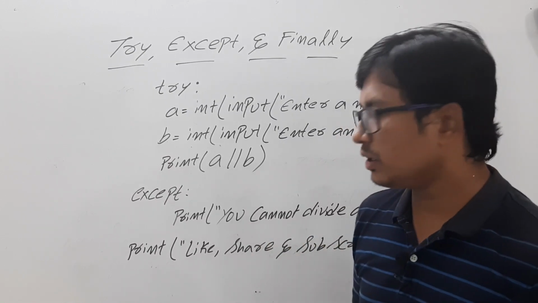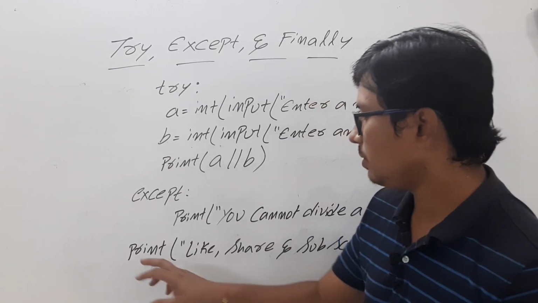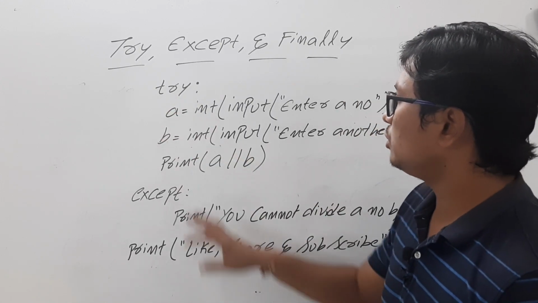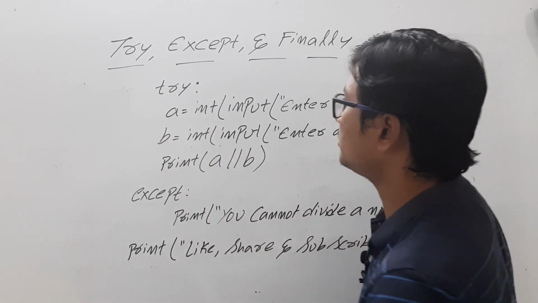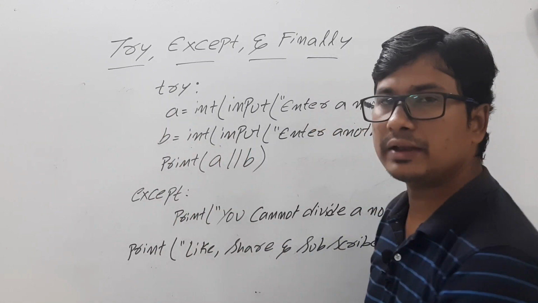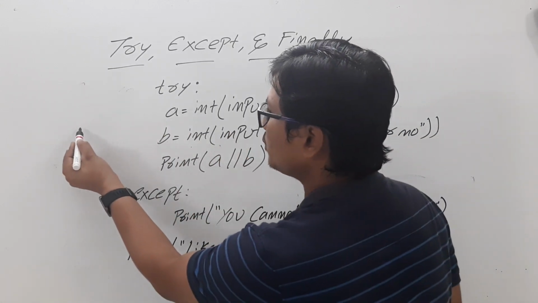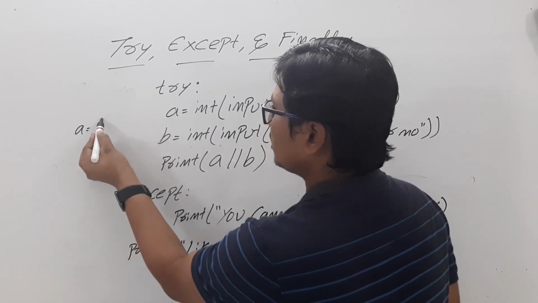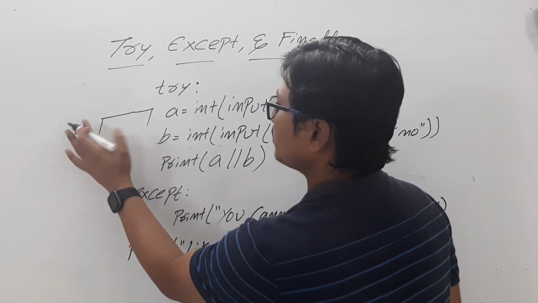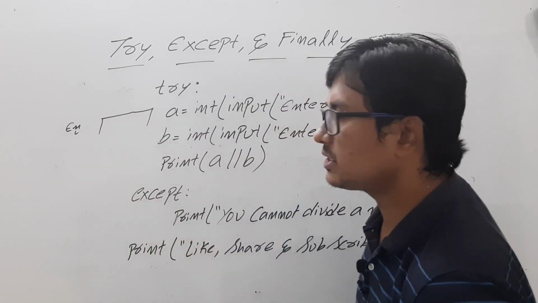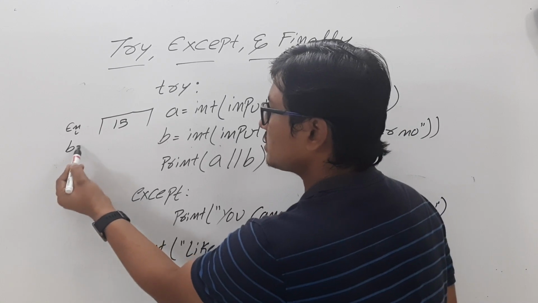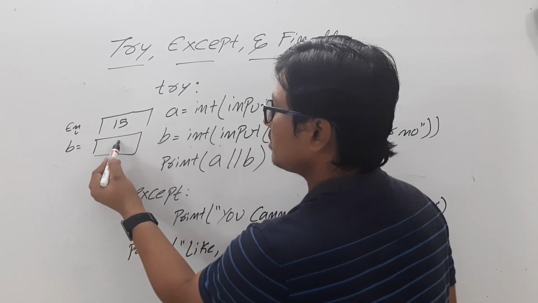Look here, what will happen? When you run this program, it will ask you to enter a number. Let's take that the user has entered 15, and the B value the user has entered is 5.